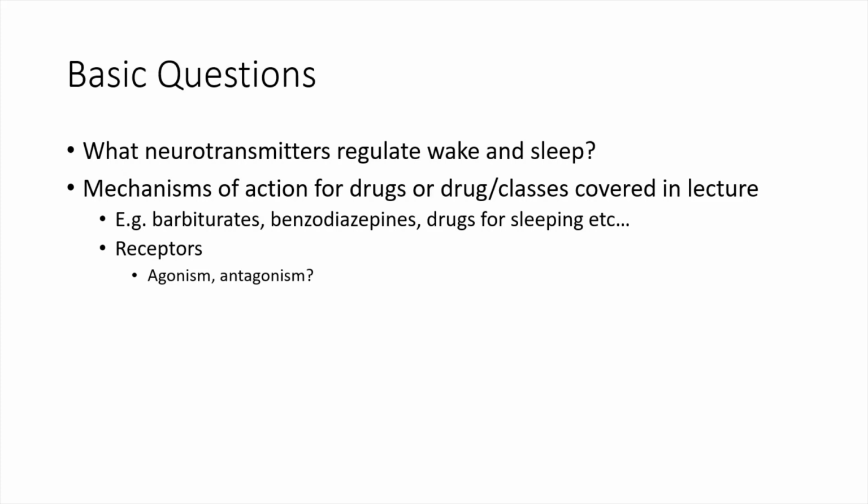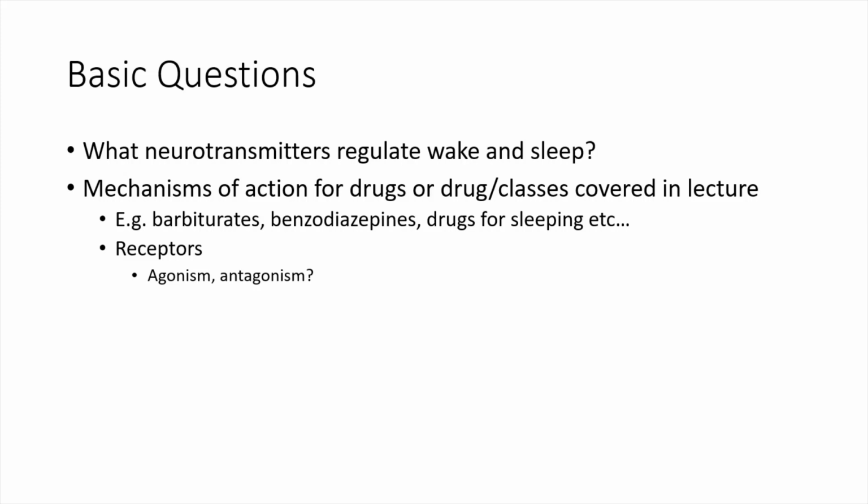Some of the mechanisms of action for drugs or drug classes covered in class: definitely benzos and barbiturates, things such as the durations versus frequencies, and also where they are binding.